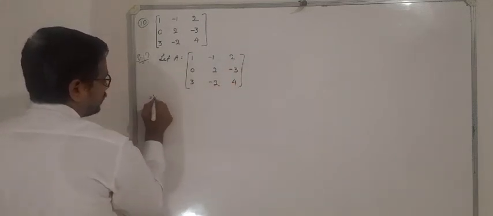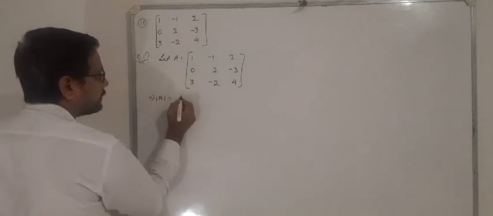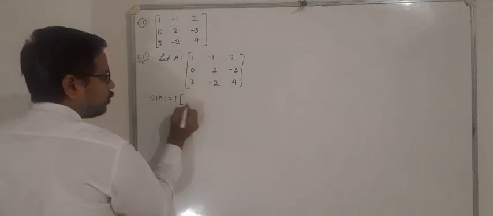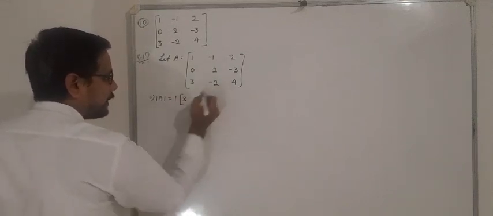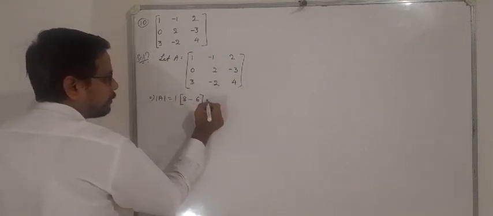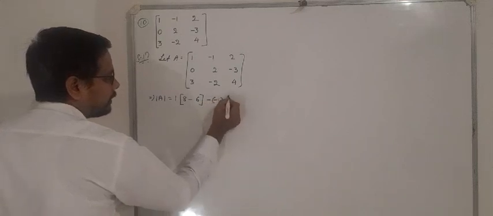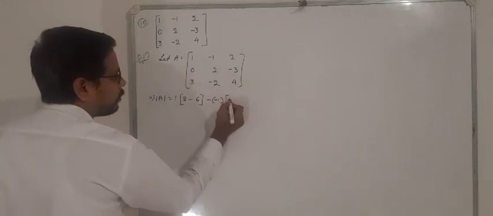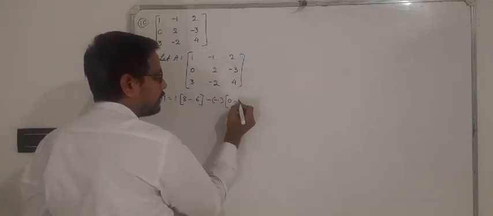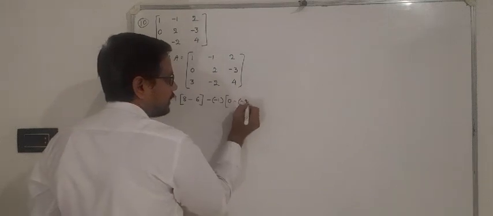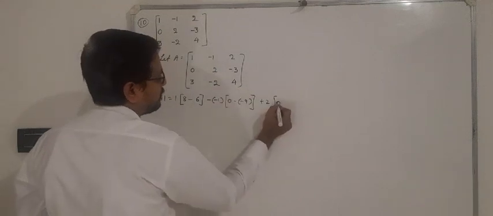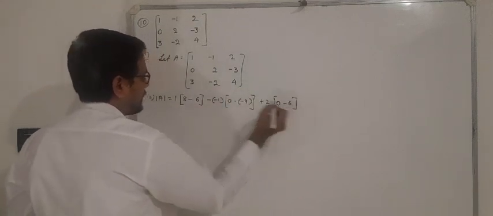Okay. So let's find what will be determinant A. So determinant A will be 1 into 2 into 4 is 8, minus 2 into minus 3 is plus 6, minus of minus 1, 0 into 4 is 0, minus of 3 into minus 3 is minus 9, plus 2 into 0 into minus 2 is 0, minus 6.